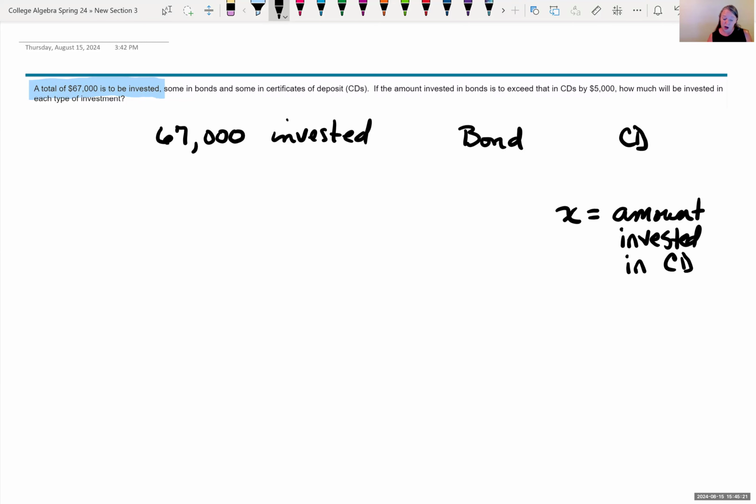So I know that the bonds is going to exceed my CDs by the amount of $5,000. So I can write out the amount I'm going to invest in bonds is x plus the additional $5,000.